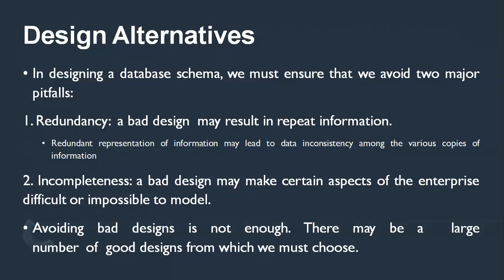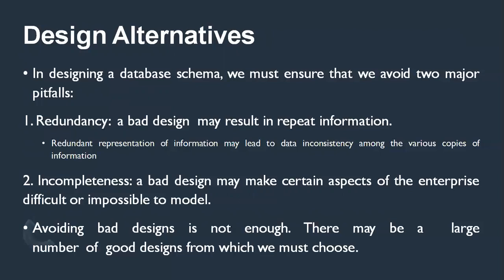So what this slide indicates, redundancy should not be there, incompleteness should not be there. Now, there are so many good design practices that must be taken care of while designing. Now, ER model design requires careful analysis in this phase number one, the initial phase.